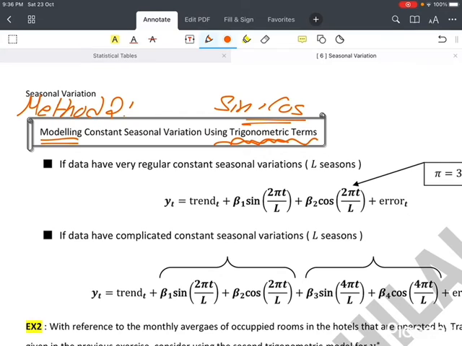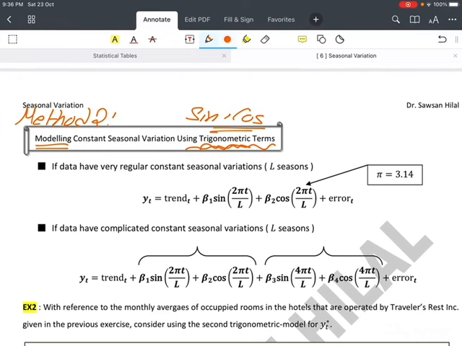Okay, this method depends on whether the data are very regular or complicated. So you will look at the data. If the data are regular, they are simple, you will take this step. If they are complicated, you will take this step. How?